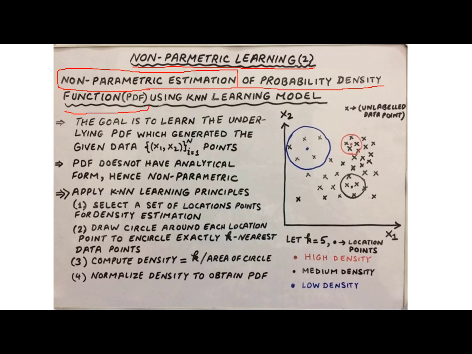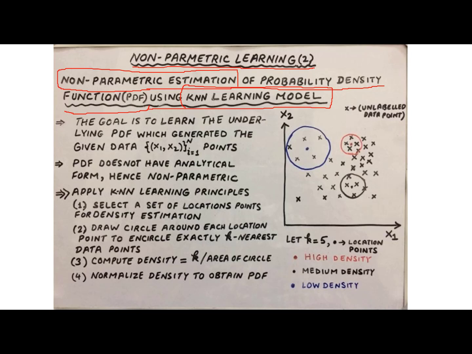The only thing we can do is represent that probability density function with the help of a graph, so visualization will be the key. In those cases, we are going to show you a method of non-parametric estimation of probability density function using the k nearest neighbor based method that we just described.